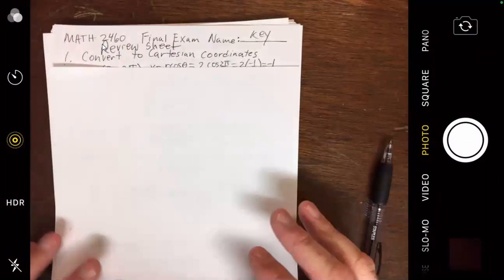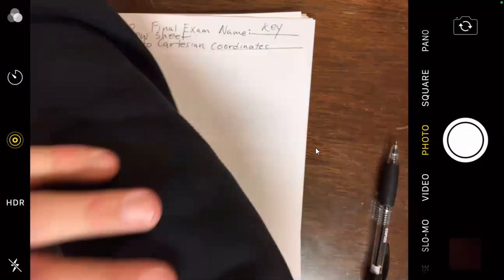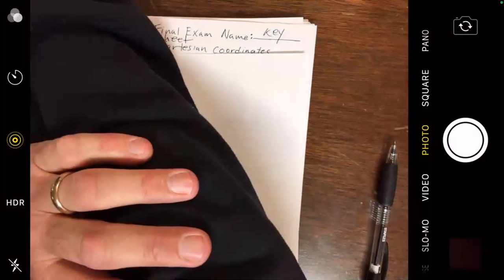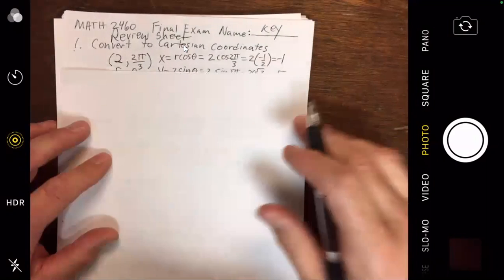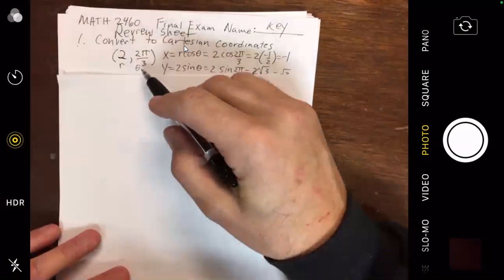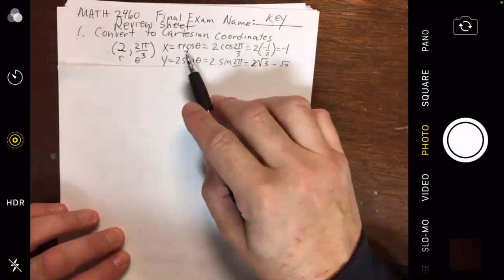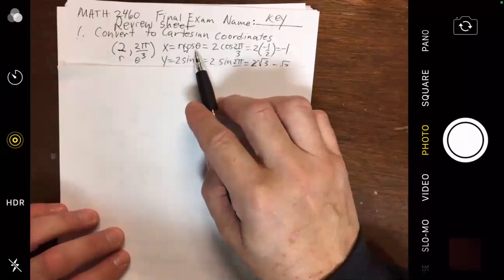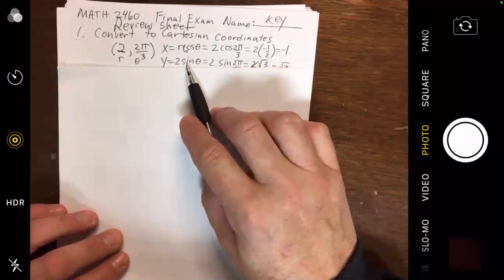So problem one, we're converting to Cartesian coordinates. This is in polar coordinates, so this is an r and a theta. If you remember, your x was r cosine theta and your y was r sine theta.